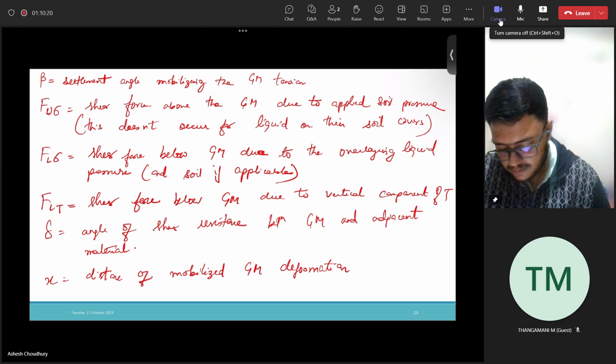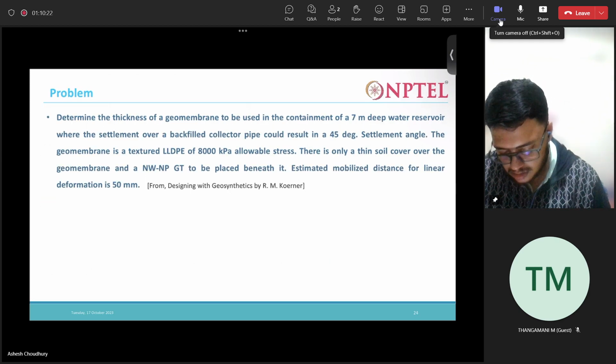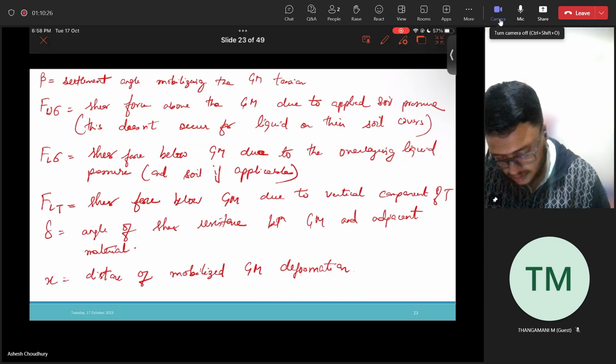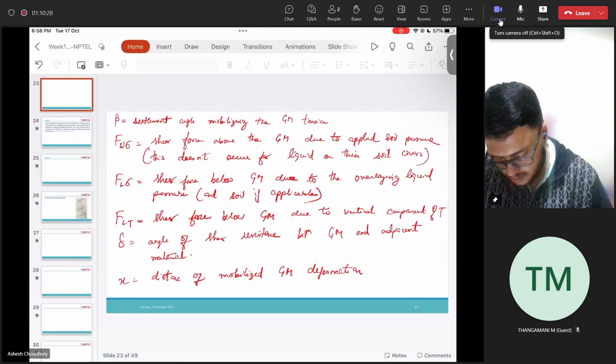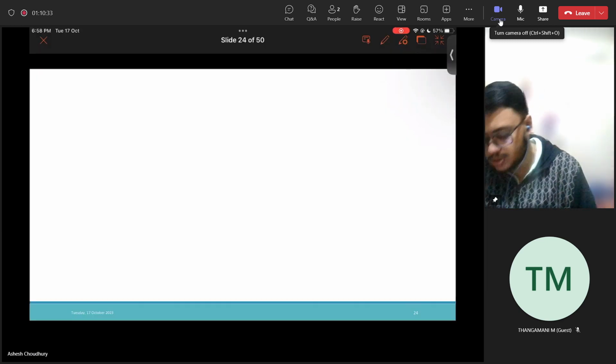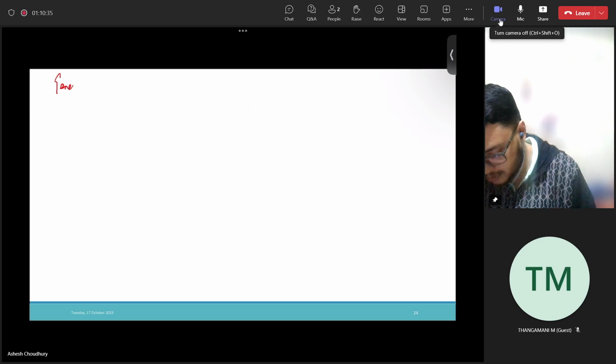So one more thing, I will give the general ranges also. So what are the general ranges of these values?